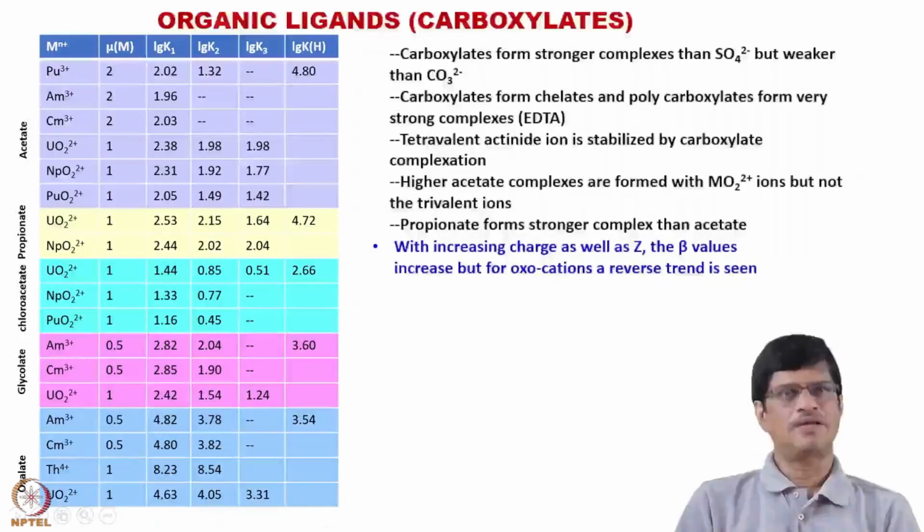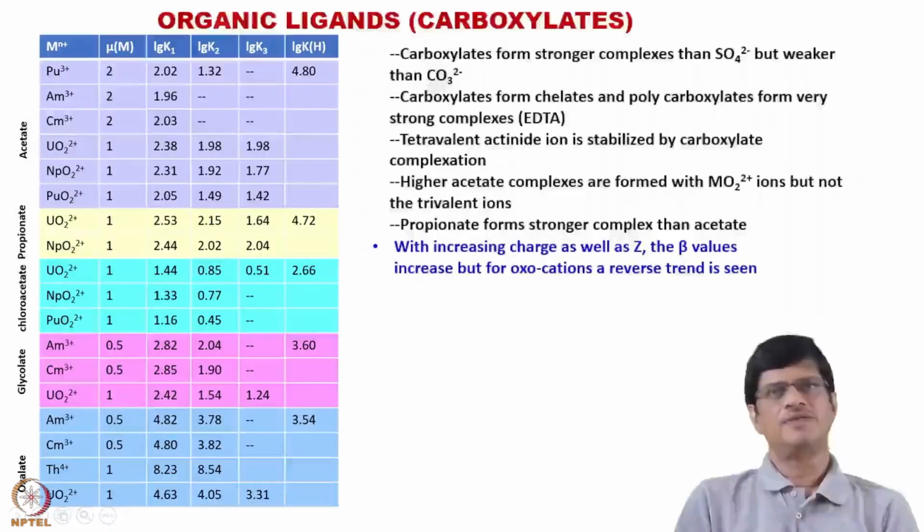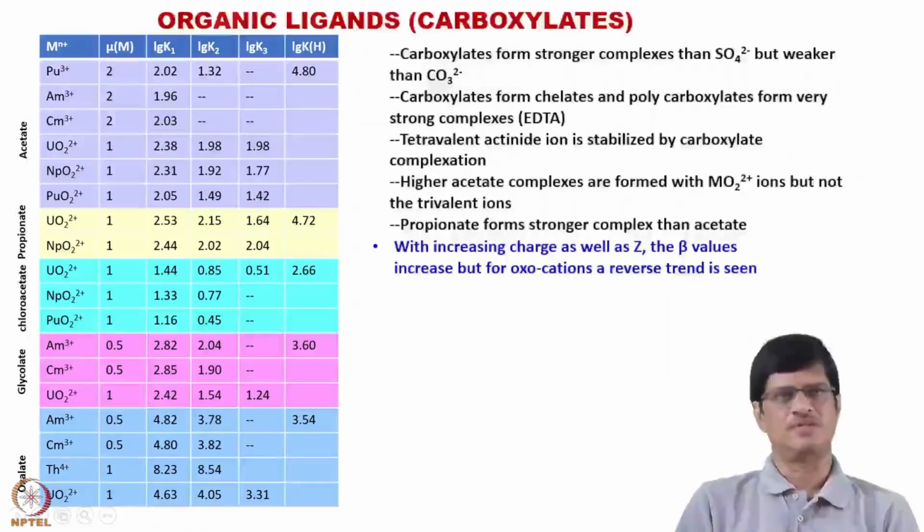Values for all the actinide ions are given here. Now for comparison purposes, the log KH values of the ligand are also given, that is the proton association constant of the ligand.